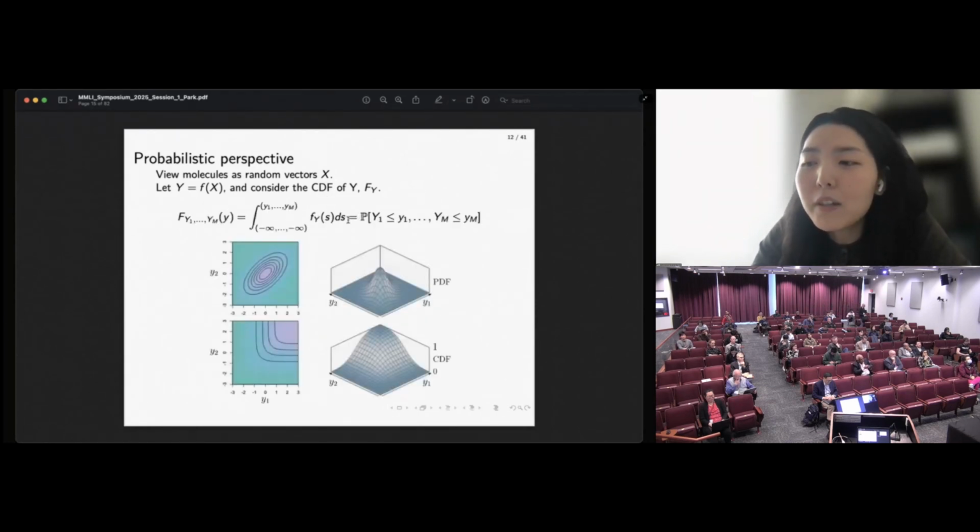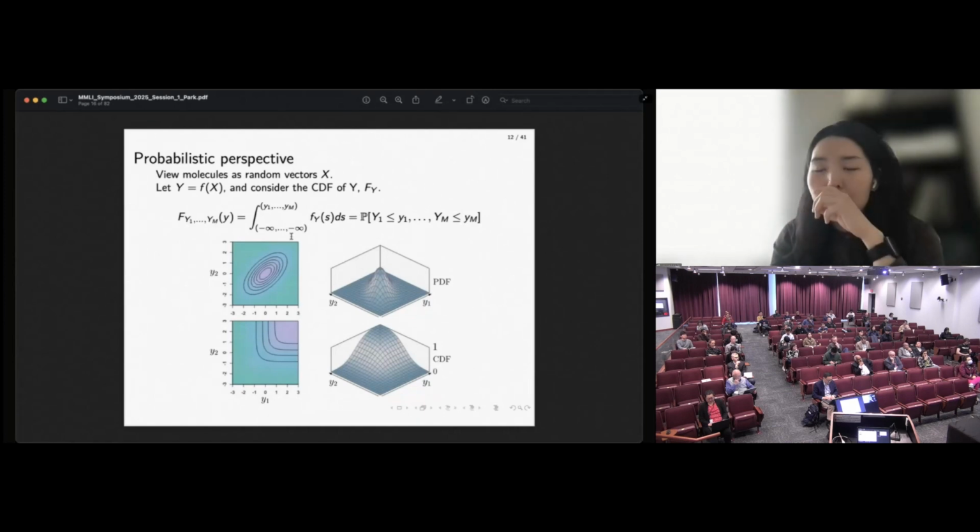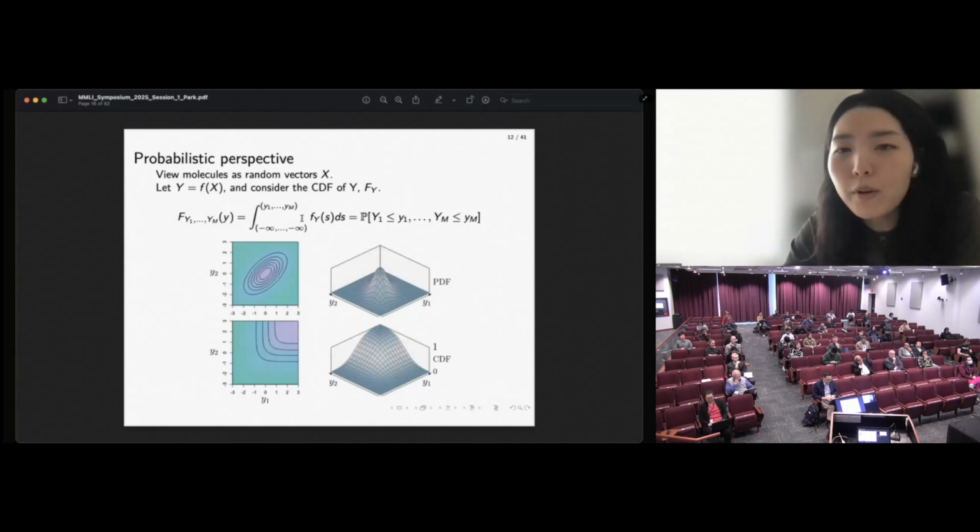You're probably familiar with the multivariate PDF, the probability density function. So for example, here is a bivariate Gaussian PDF for m equals 2, so for two properties. Now the CDF at y1, y2 is the result of integrating the PDF from negative infinity to y1, y2.